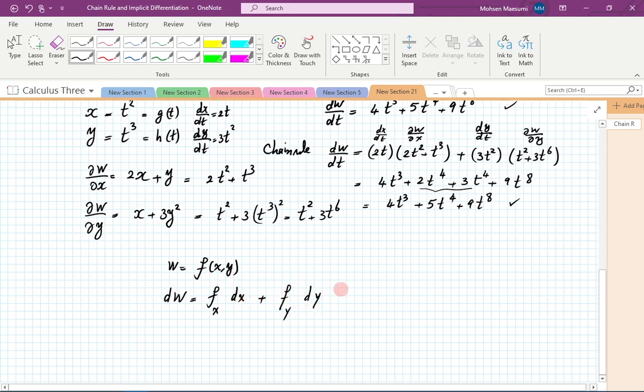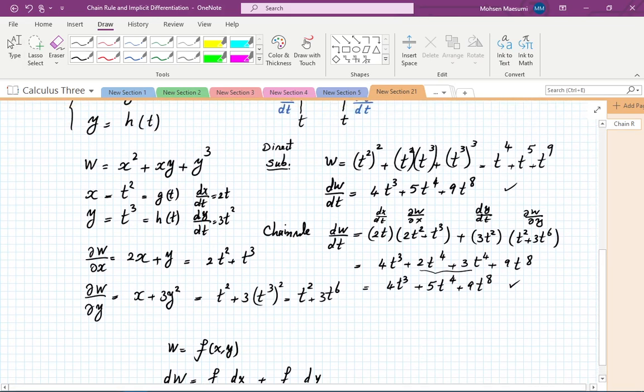Remember we had a demo where we were looking at the tangent plane to the graph of f of x and y, and in the x direction we were traveling by dx, in the y direction we were traveling by dy. We wanted to find the increment in w.